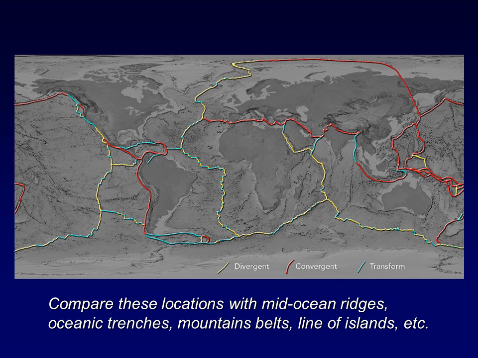There are high mountains and volcanoes in the Andes on land. So all of that is occurring at a convergent boundary where the oceanic plate is colliding with the continental plate.